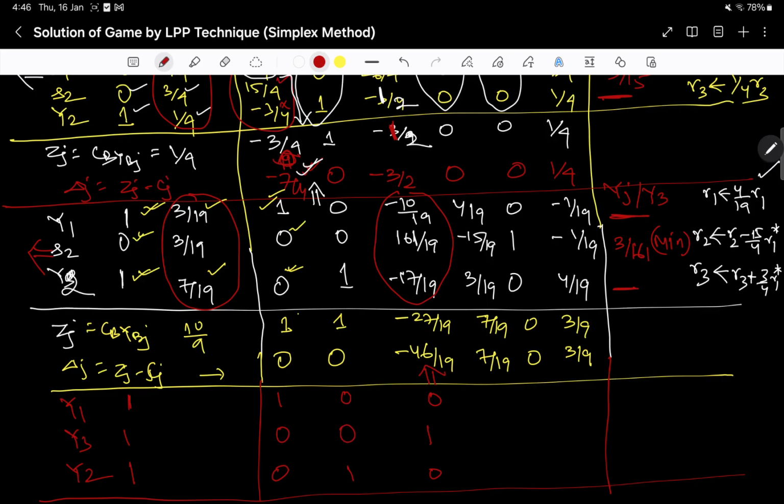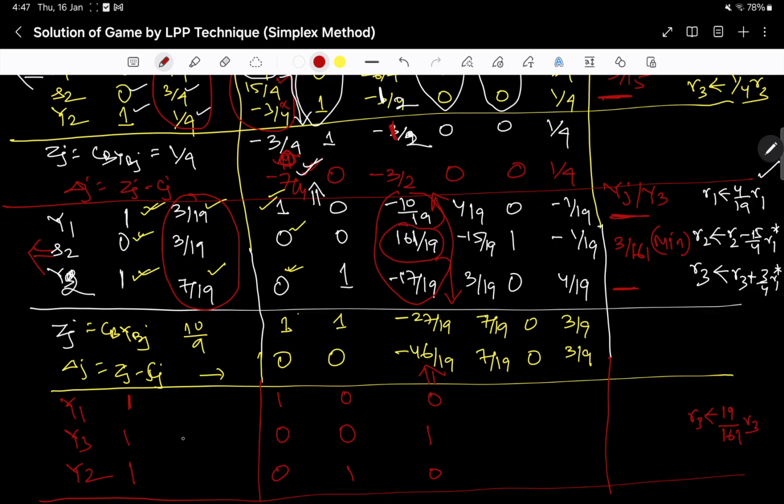Now the remaining part I need to calculate here. As per the calculation, I need to make it 1, and I need to make it 0, and make it 0 here. So here R3 is replaced by 19 by 161 R3. Okay, so now this is divided here.